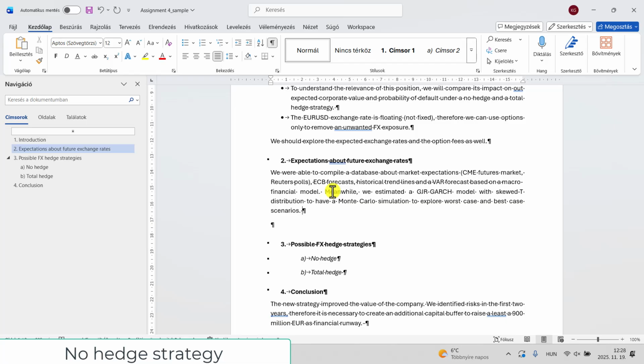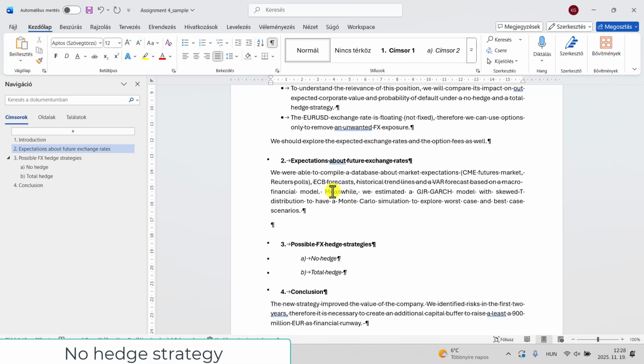This Monte Carlo simulation can be really useful, but once with the Hungarian forint we had this case that there was this sudden depreciation even before COVID. It was in the COVID year.